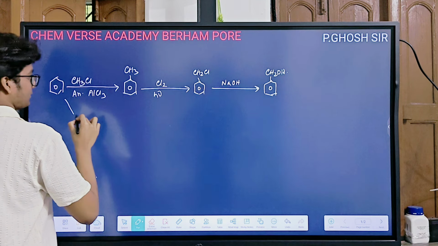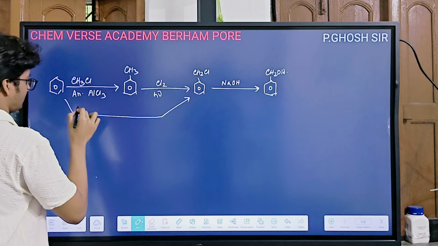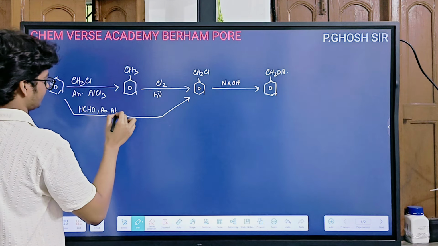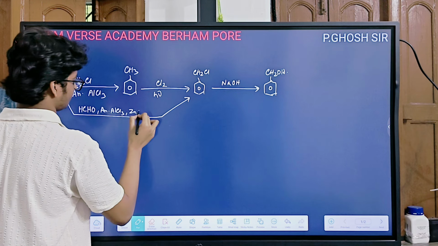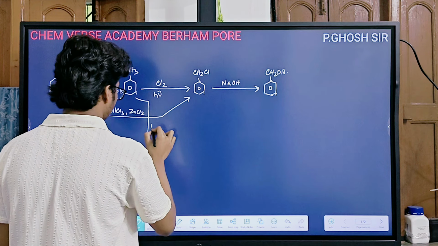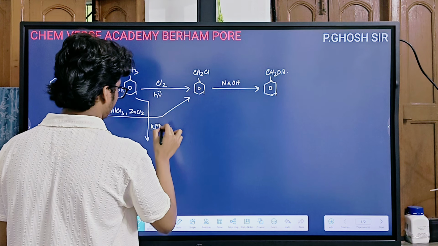Then you can also convert this with HCHO, anhydrous AlCl3. Now this one goes like this, with KMnO4.